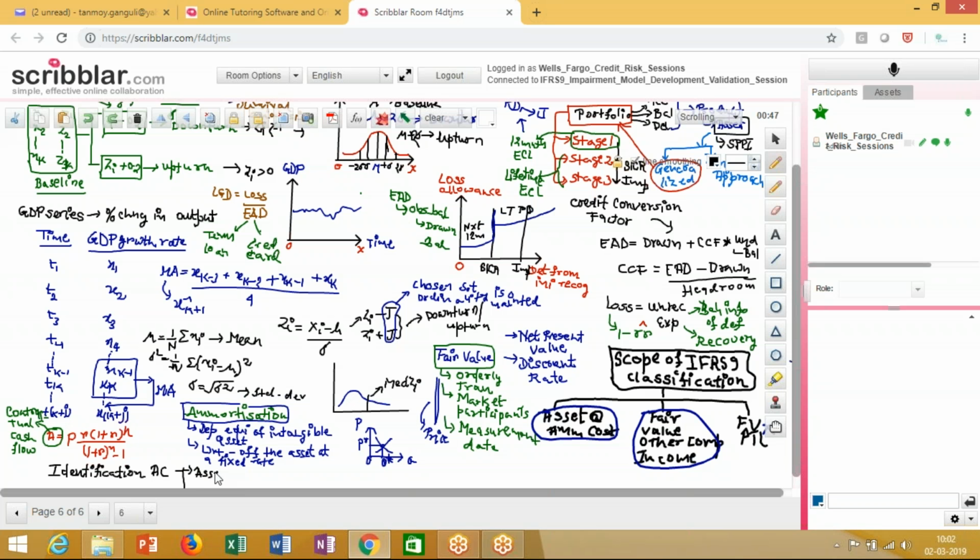Asset held to collect contractual cash flows.